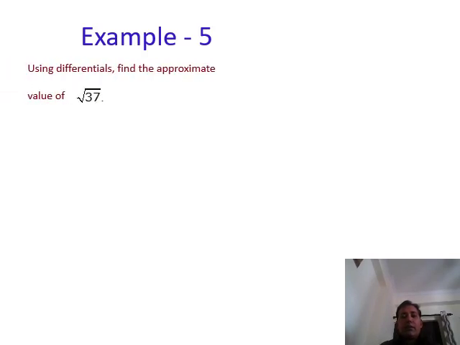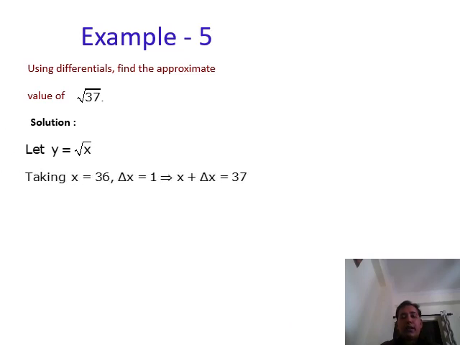Now, example: using differentials, find the approximate value of root 37. Let y is equal to root x, where x is equal to 36 and delta x is 1, which implies that x plus delta x is equal to 37. Delta y is equal to root of (x plus delta x) minus root x, which implies that delta y is equal to root 37 minus 6, so root 37 is equal to 6 plus delta y.